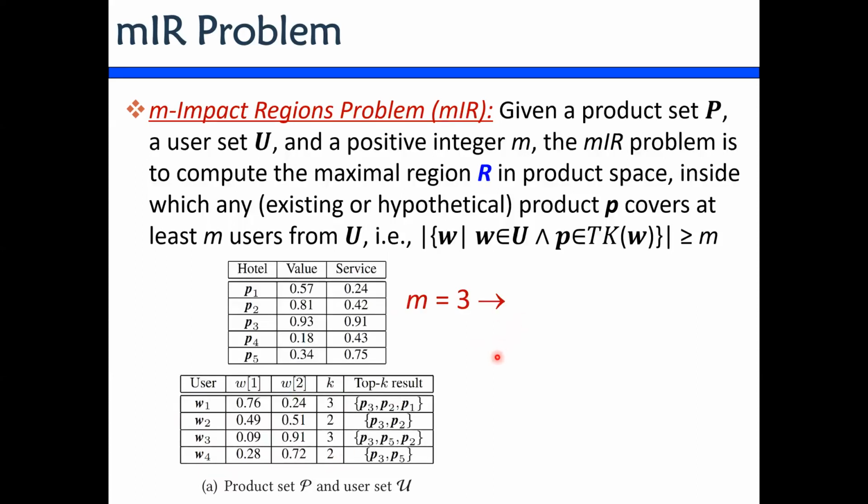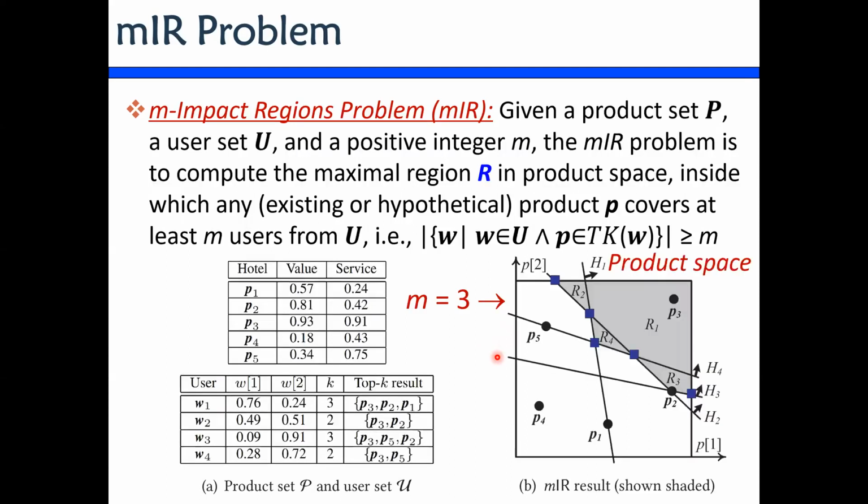Now, in this situation, if the input parameter M is set to 3, meaning that we wish to satisfy at least 3 users with a new product to be created, the output to our problem is this gray region. It means that the new product must be built somewhere inside this gray area.